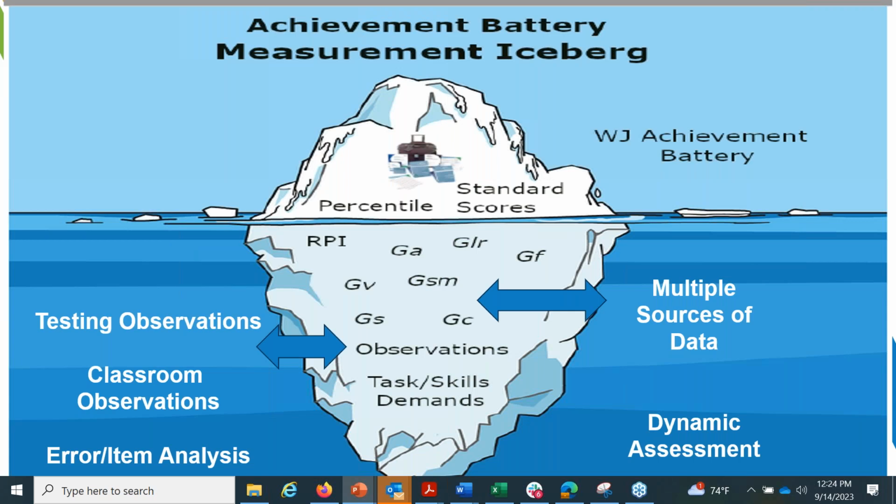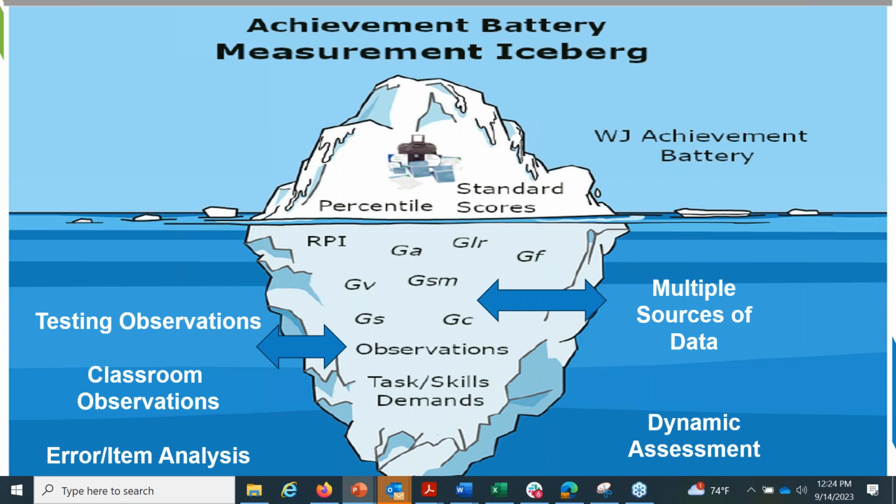So I'm very proud of this visual that I created here, and thank you to Jim Cummins, who has an iceberg visual that he uses when he's explaining BICS and CALP.